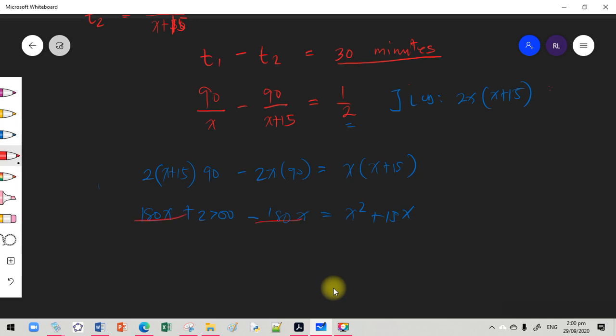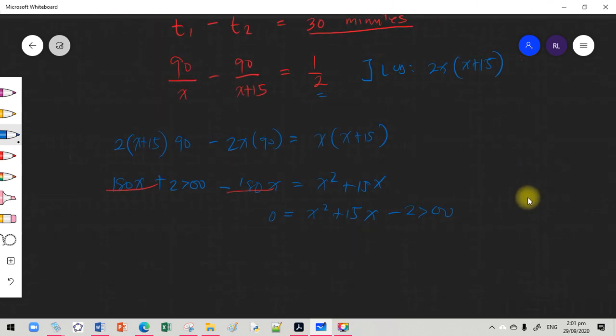So in turn, we'll have x squared plus 15x minus 2,700. So if we're going to factor this one, I don't know if it's factorable.